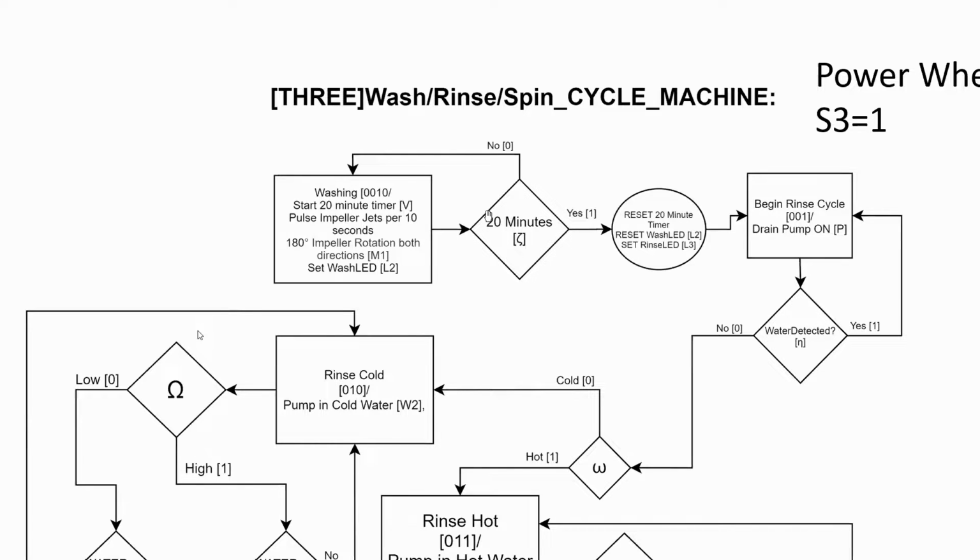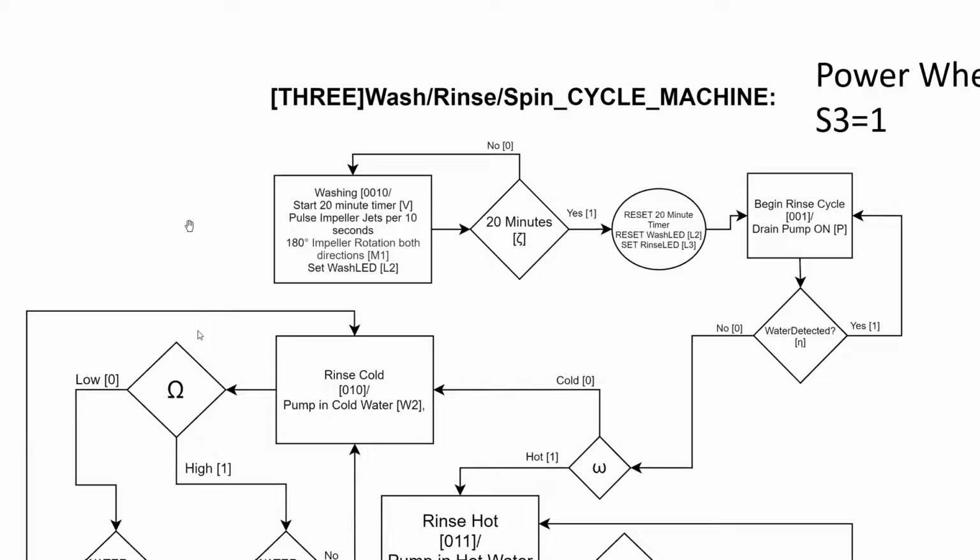I thought that sounded like a good amount of time for the clothes to get agitated and washed. It's going to every so often pulse some jets that are located in the impellers to get the clothes moving around more. And then also our impellers are going to move 180 degrees one way, back, and then 180 degrees the other way.